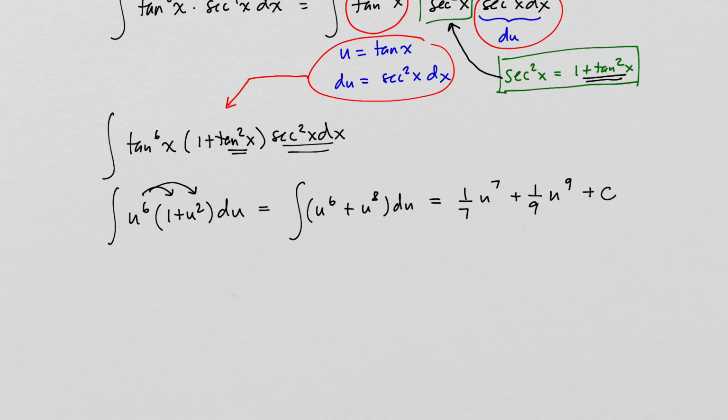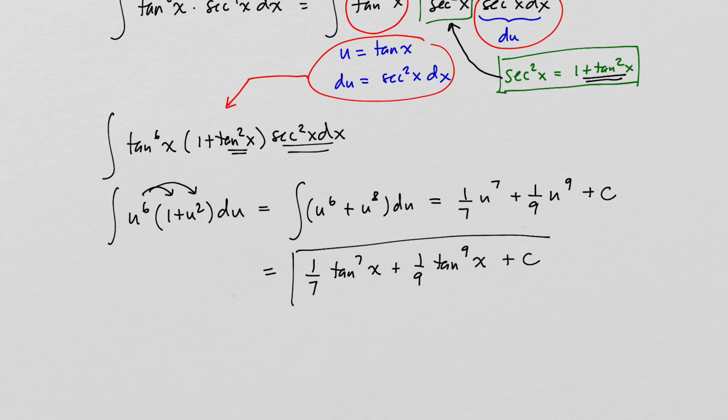Make sure we add our constant of integration. But then the final step, you need to make sure you put your original function back in. So this is going to become 1/7 tangent to the 7th power plus 1/9 tangent to the 9th power plus c.